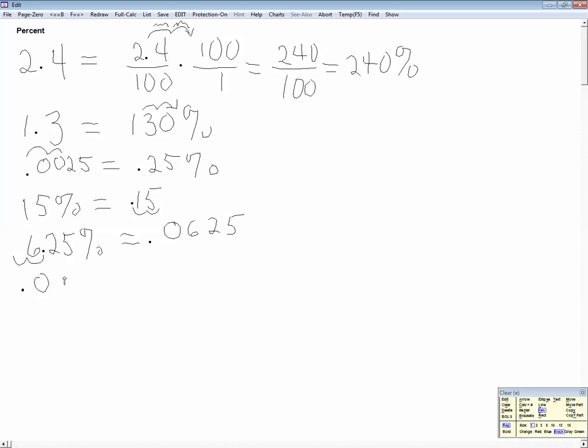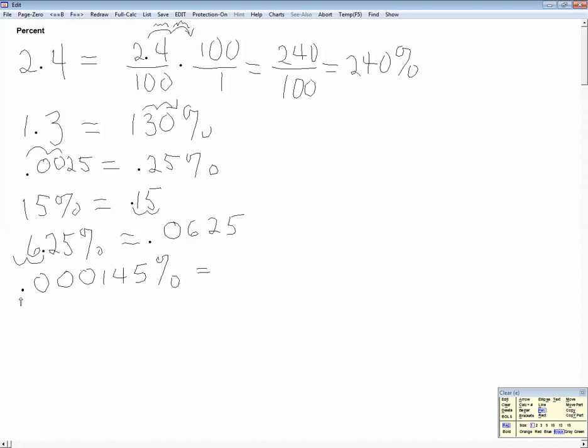So you have 0.0000145 just to make up a number. And that's a percent, and you want to convert that to a number. Well, remember, percent means divide by 100. So if I get rid of the percent, I'm going to have to divide by 100. And division means push this thing towards the front.